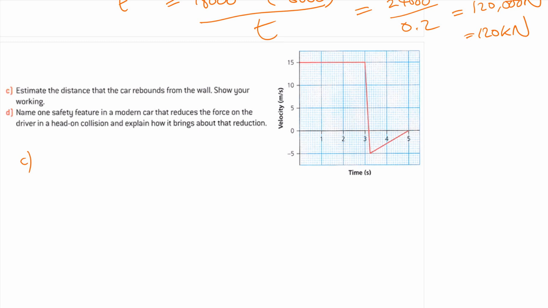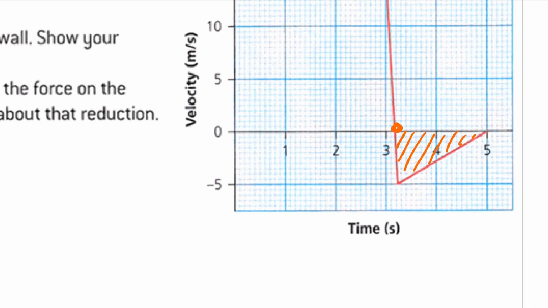Remember, what we're looking at here is the area of the triangle, and the area of a triangle is half times the base times the height, and that equals 0.5 times the base, which is from here to here, so that's 1.8, multiplied by the height, which is 5.